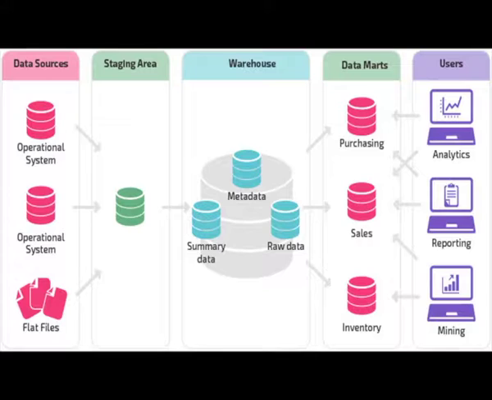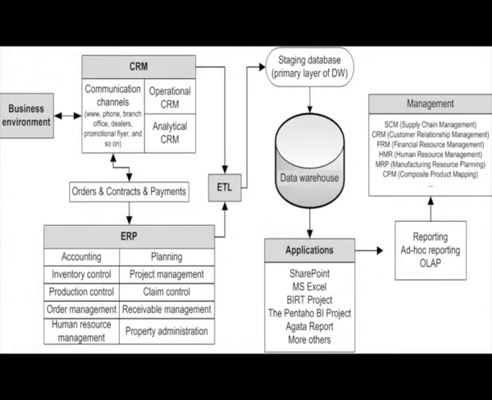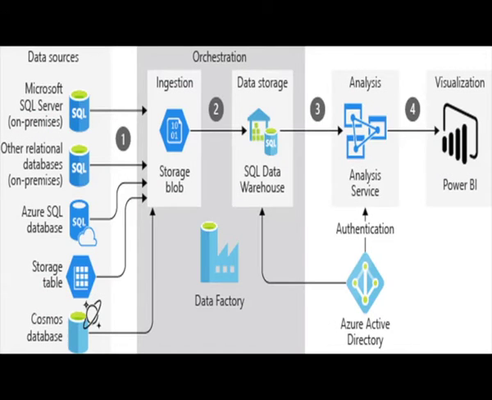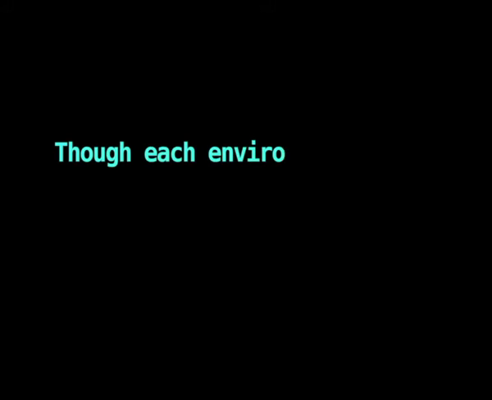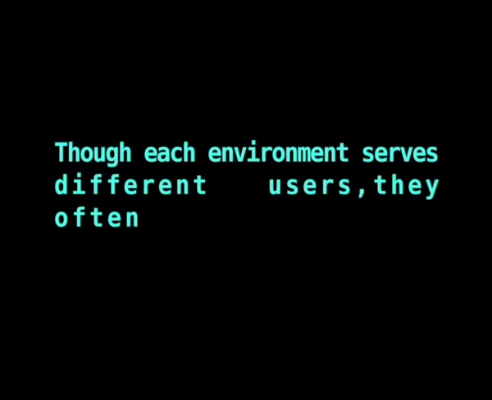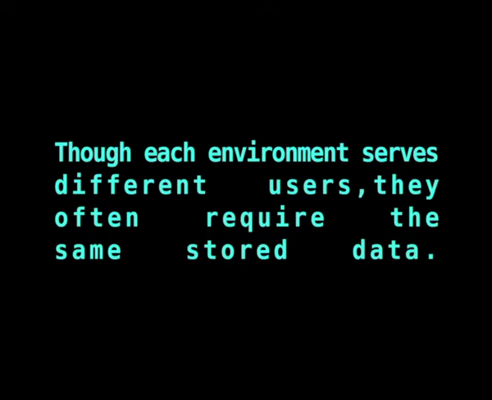In the absence of a data warehousing architecture, a great amount of redundancy is required to support multiple decision support environments. In larger scenarios, it is typical for multiple decision support environments to operate independently. Though each environment serves different uses, they often require the same stored data.